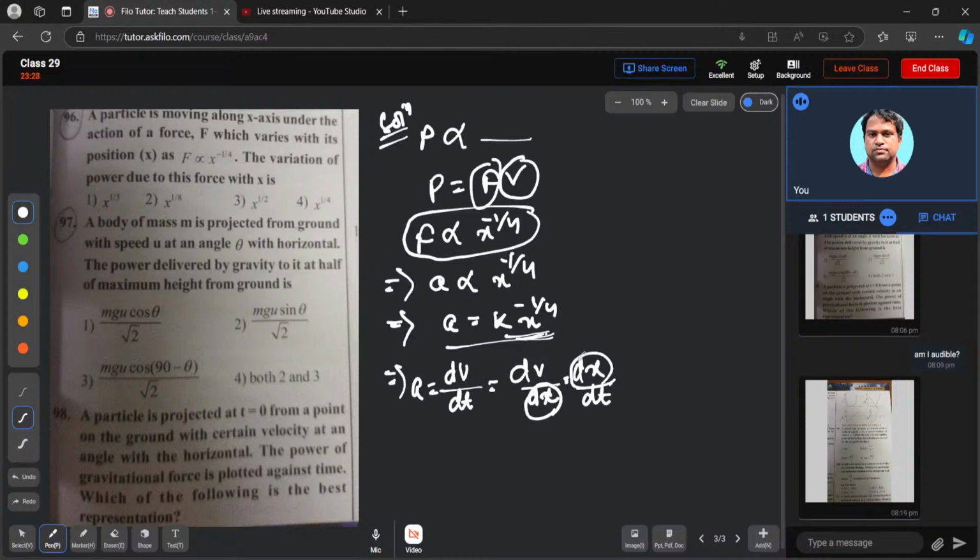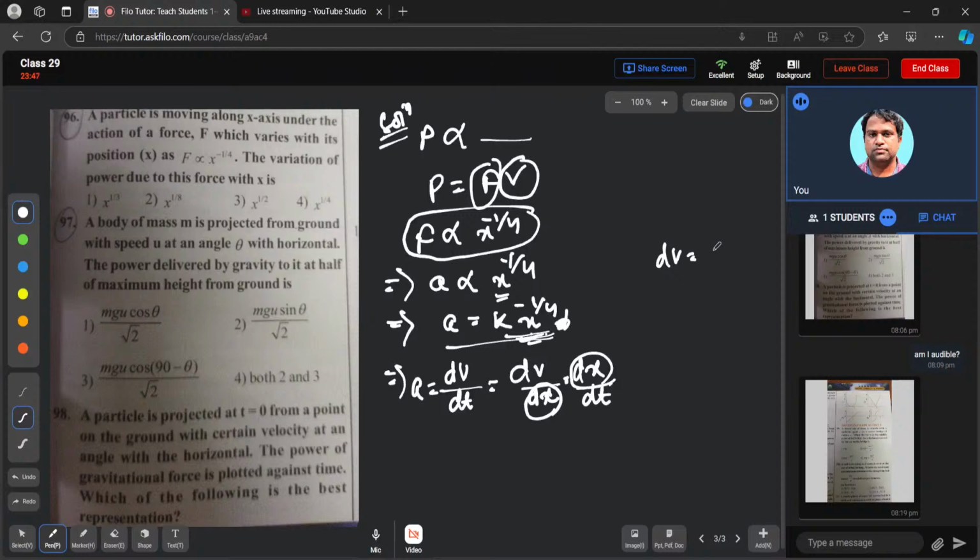If it were t to the power 1 by 4, no problem, but it is the displacement changing with the position, right? So we cannot integrate it with x and t.